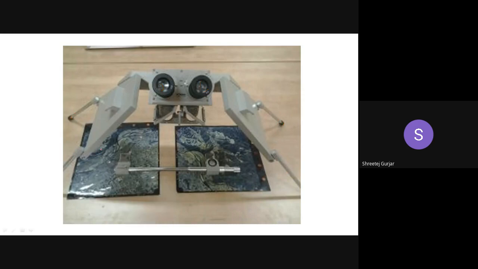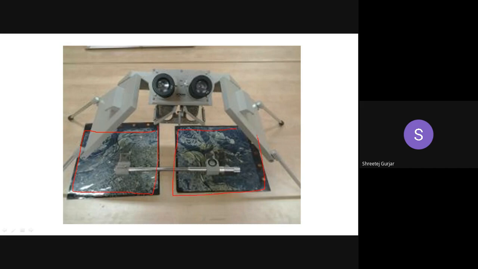Can anyone identify where the stereo pairs are placed? They are over here. You can see this is one image and this is the second image.